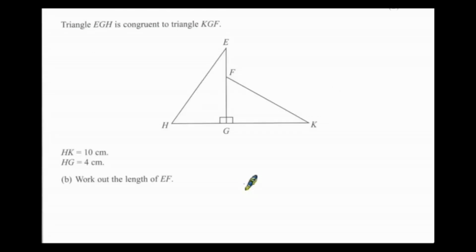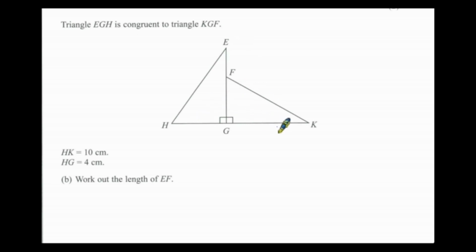And part B, triangle EGH, left-hand one, is congruent to triangle KGF. Congruent simply means they are the same triangle. They have the same angles, the same sides, but in this case, one triangle has been rotated 90 degrees to the other.